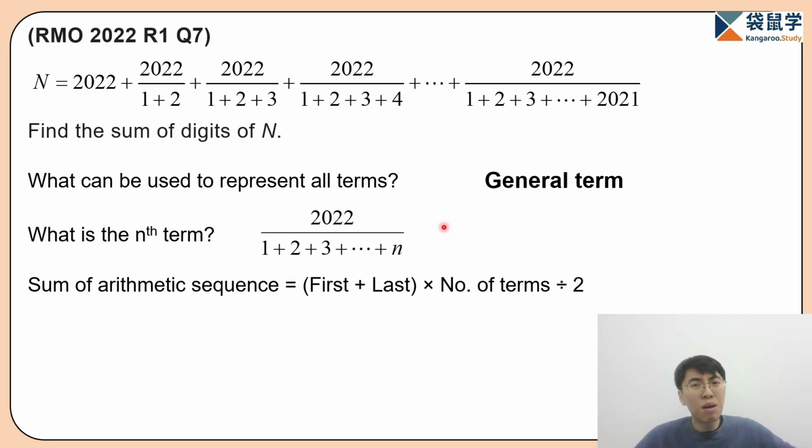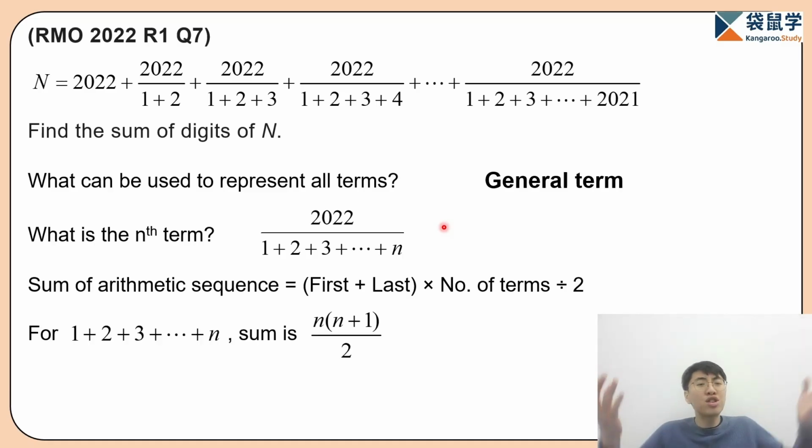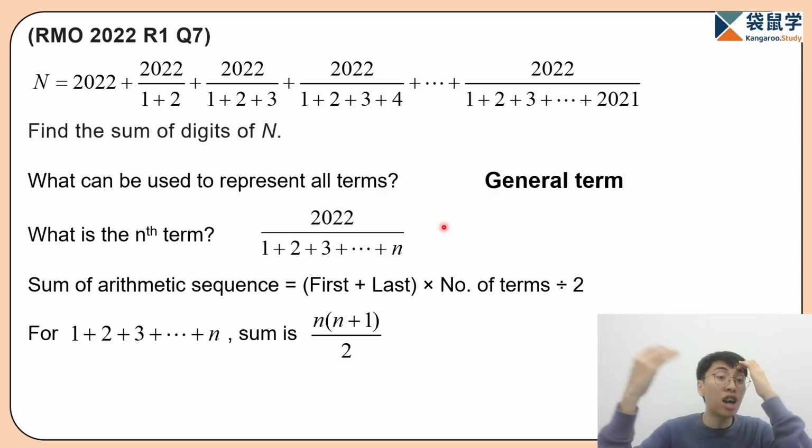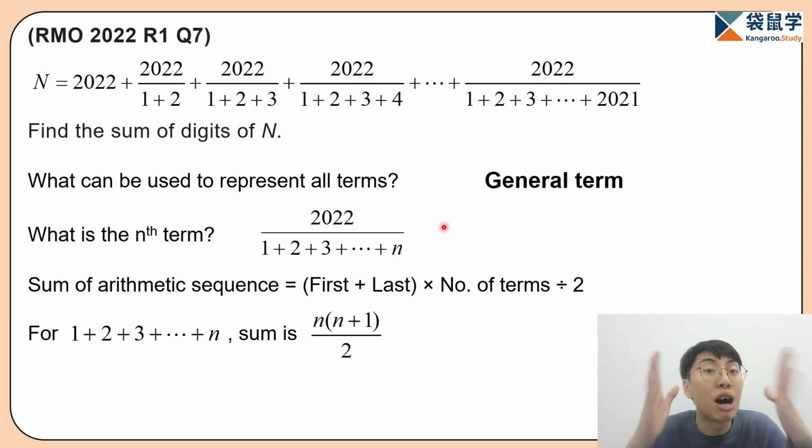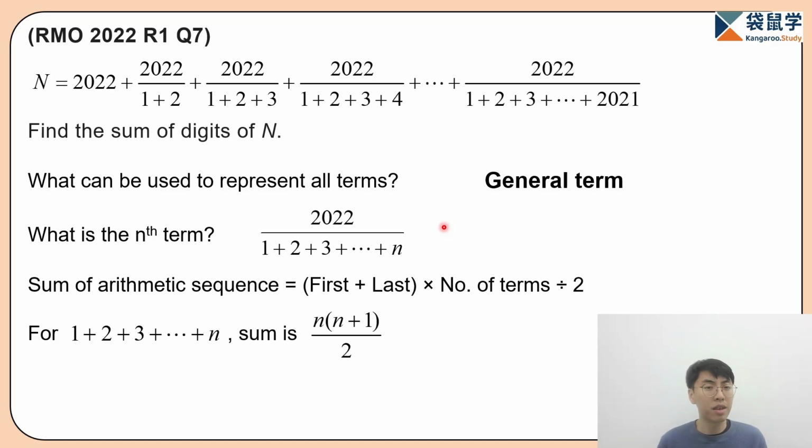If we do it for this question, what do we get? It seems very simple, right? The sum is just n times n plus 1 over 2. And I think a lot of us would have learned about this before already.